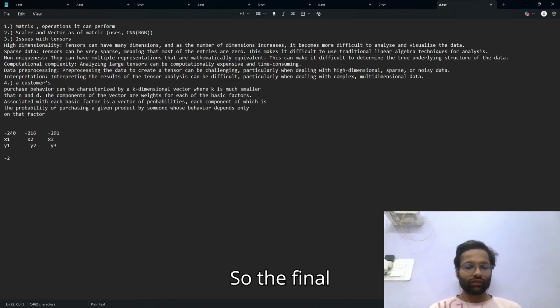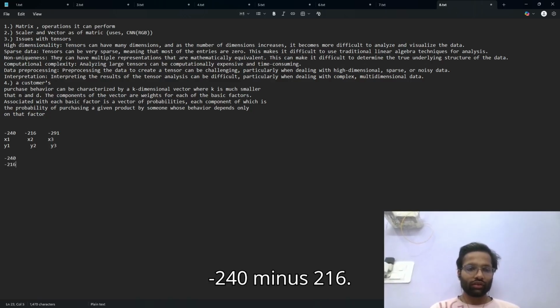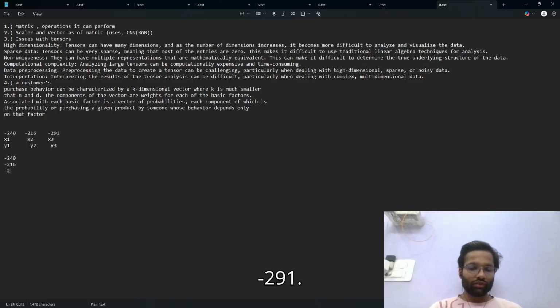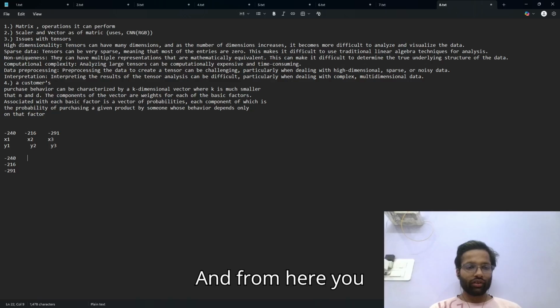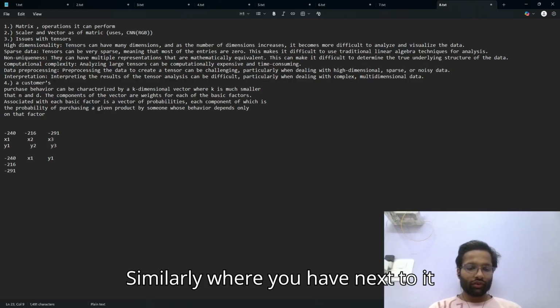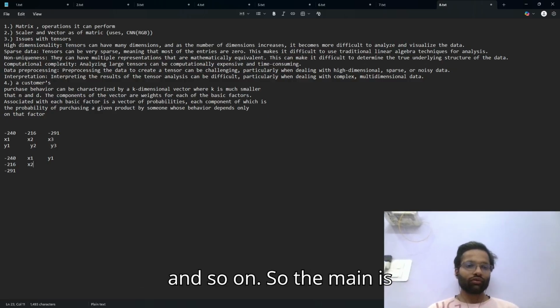So the final adjoint would be minus 240, minus 216, minus 291, and from here you can have x1, y1. Similarly, here you have x2 and so on.